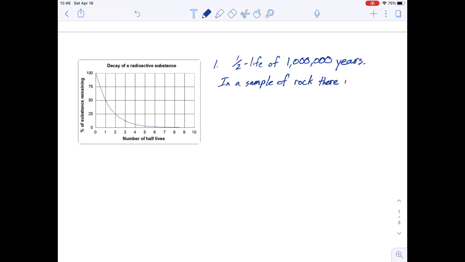In a sample of rock, there is 50% parent and 50% daughter isotope. That's what they are. They're called isotopes. Whatever it is, could be uranium and lead, could be potassium and argon, could be carbon and nitrogen, actually.